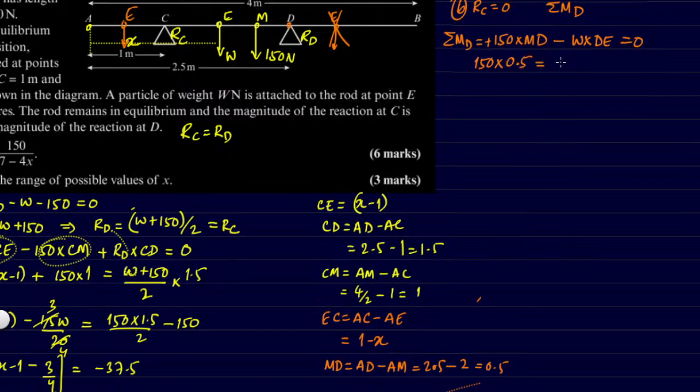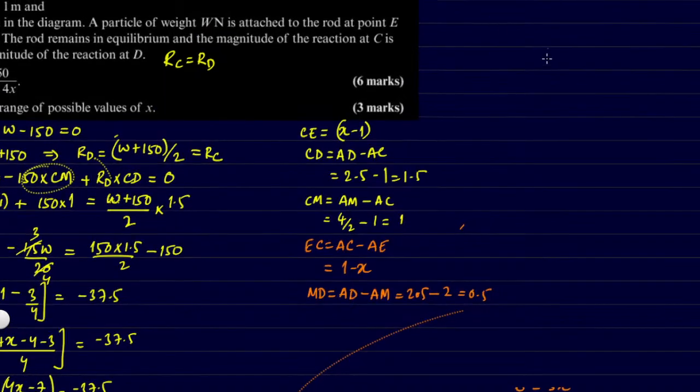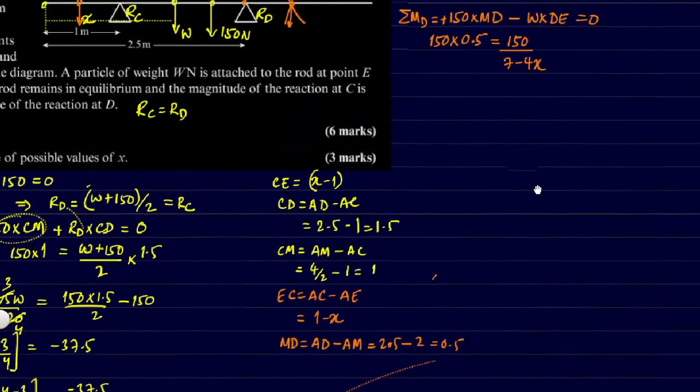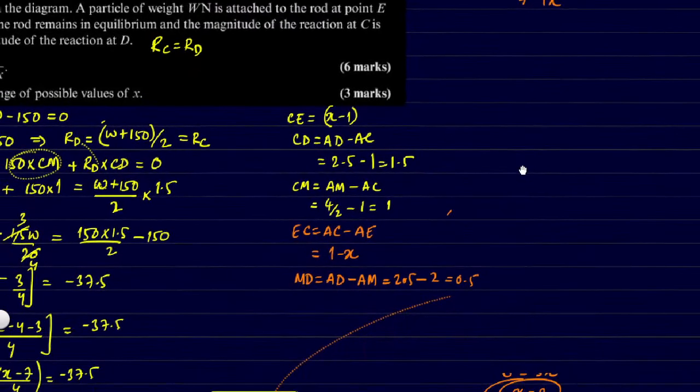Send this to the other side. W value, let's take 150 by 7 minus 4x. Now this into DE. DE value is how much?